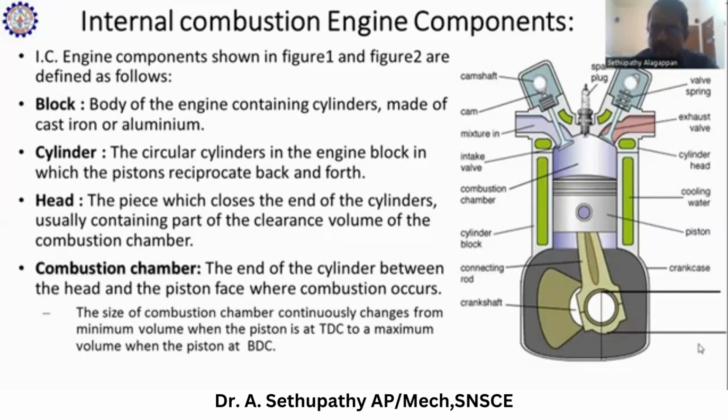In the cylinder, the top area the piston reaches is called TDC, and the bottom area is called BDC, bottom dead center. The piston movement is called the stroke. The piston moves between the bottom end and the top end inside the cylinder. That stroke length is calculated.